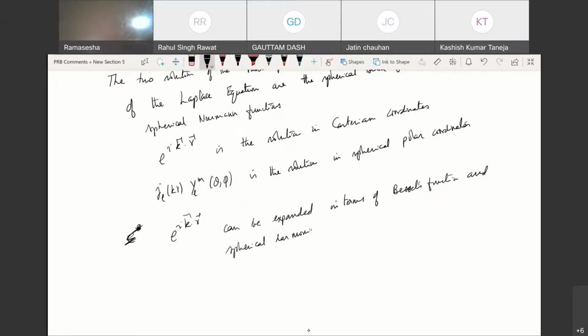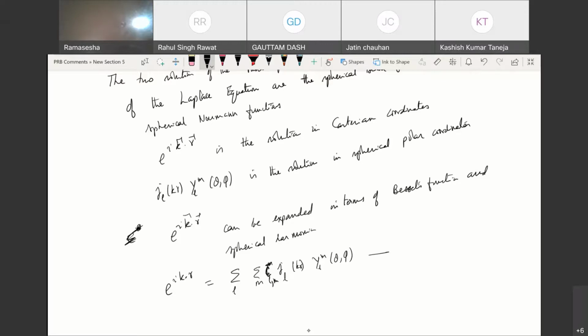That is e to the i k dot r equals a sum of something like J L k r, Y L M times P L M, with C L M being the correct index. Okay, and this expansion is quite standard. You can look up any book on quantum mechanics, you will find it.